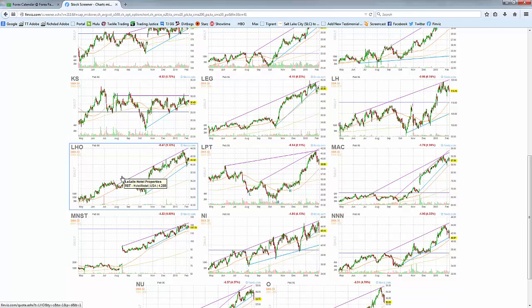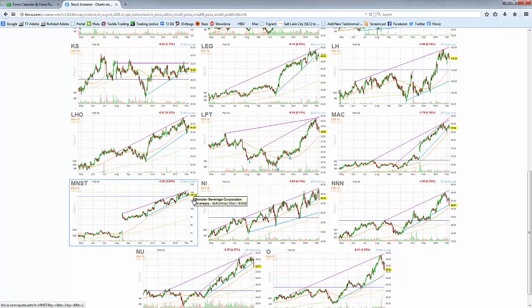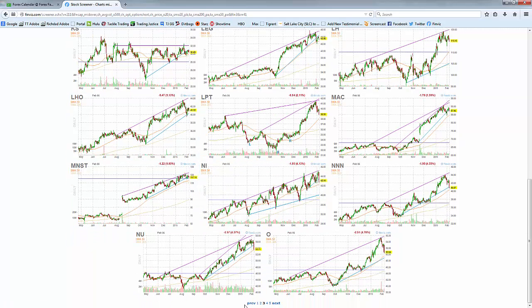Because sometimes I will put different parameters in there if I'm looking for a breakout versus a retracement, or if I'm looking for an earnings play. And that's the difficult part of scanning with FinViz, is the fact that you have to build the scan.